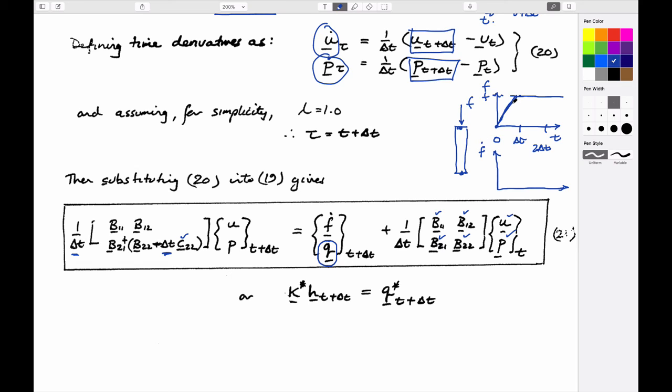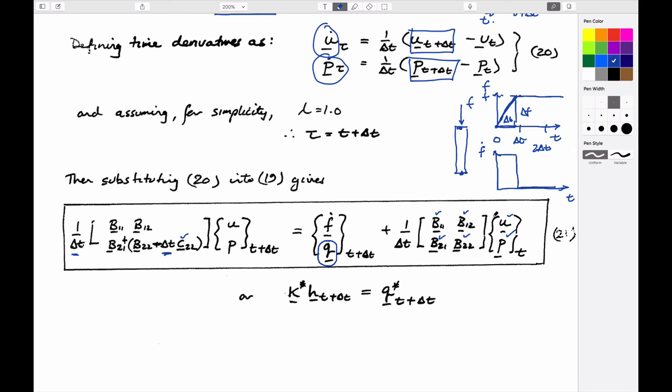F dot is just going to be this term here. This is delta F, and this is delta t. So the first value would be some finite magnitude over this time, and then for all times after that it would be equal to 0. This is time also.